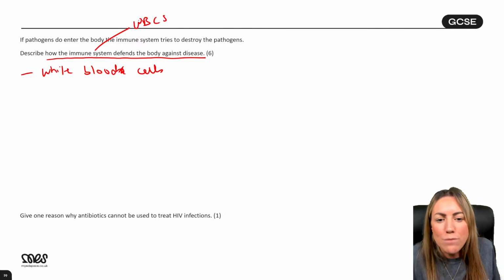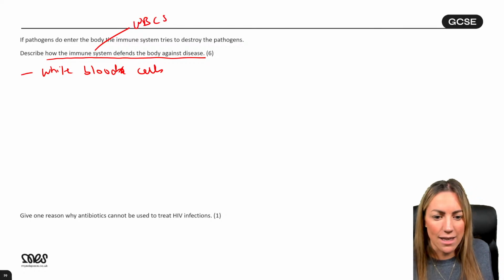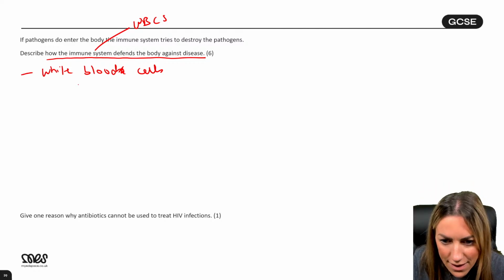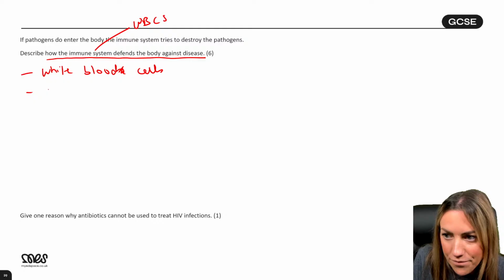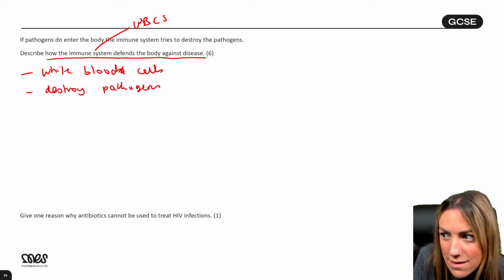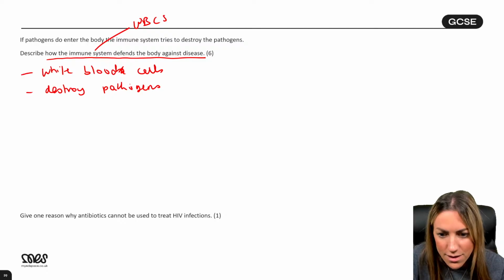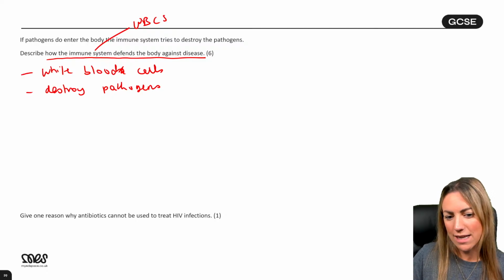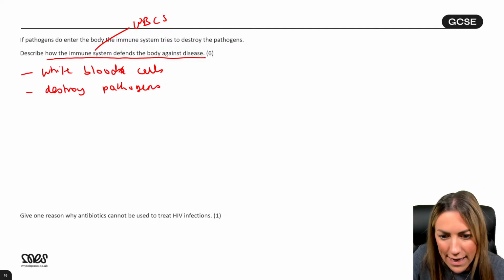Don't just say your immune system kills pathogens either. Don't say your immune system makes antibodies. We're talking white blood cells. Now, if you just wrote this, you're only getting 2 marks. Mark schemes are very specific for biology. That's what makes it quite hard.